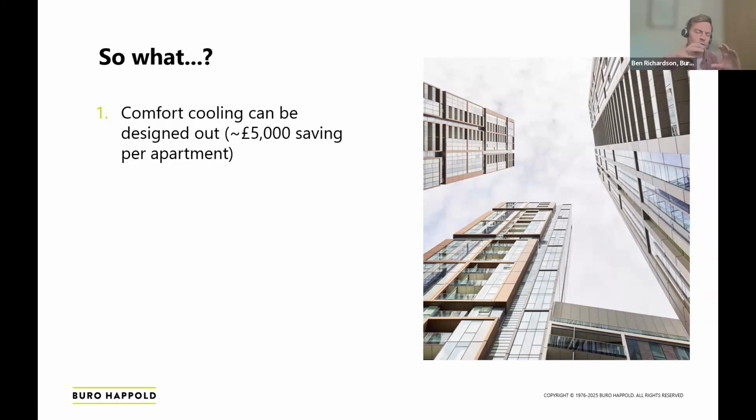Trim cooling is the cooling unit that sits on top of a mechanical ventilation heat recovery box. So there's almost a saving of about £10,000 if you could completely design out cooling per apartment, which is obviously not insignificant.